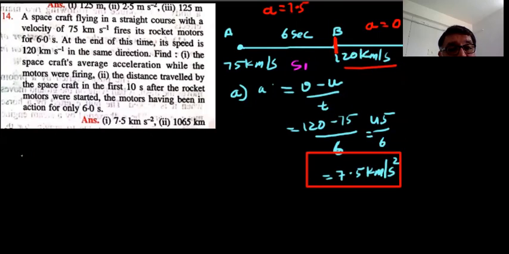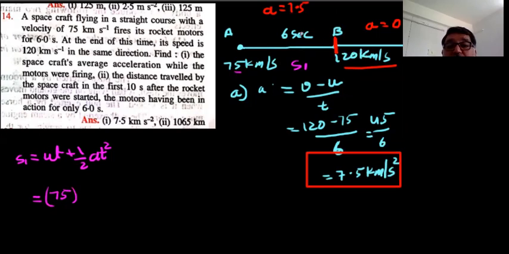From our formula, S1 equals UT plus half AT squared. Now we are talking about motion A to B, so our displacement will be equal to initial velocity 75 kilometers per second.